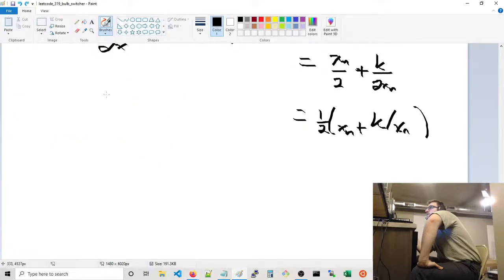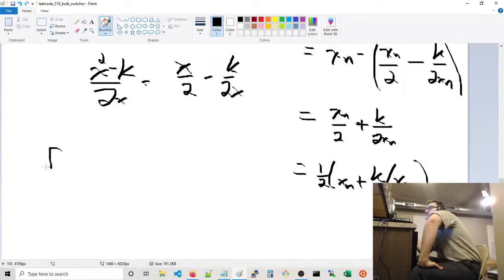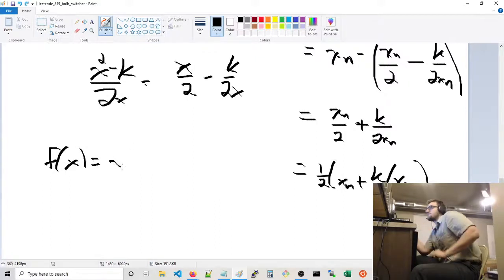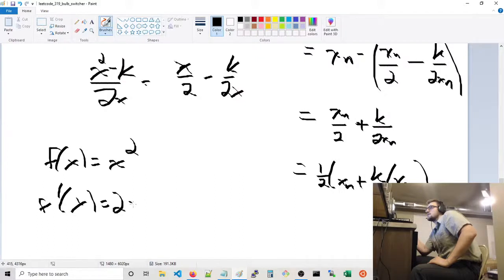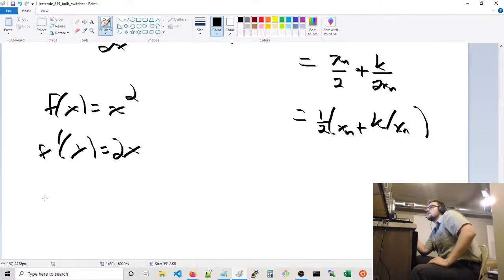If you had k is 0 in this function, f of x equals x squared, f prime of x equals 2x, we'll call it q of x.